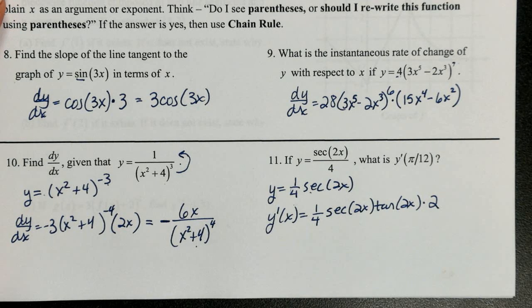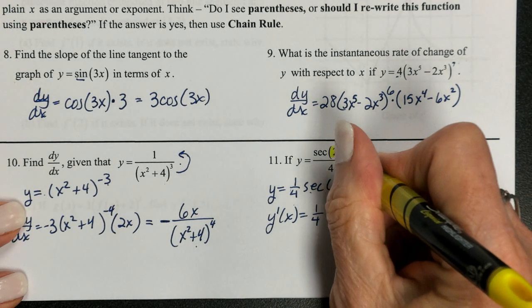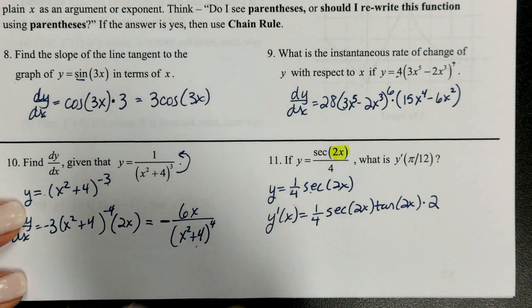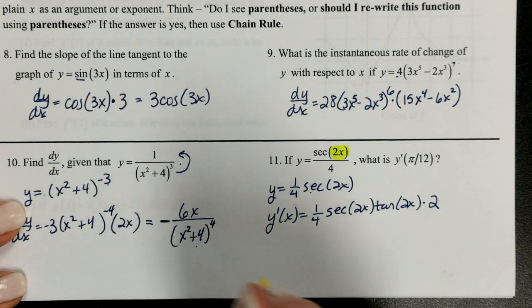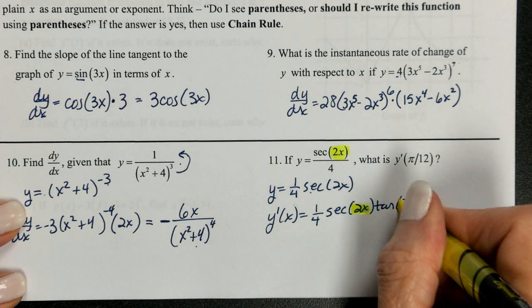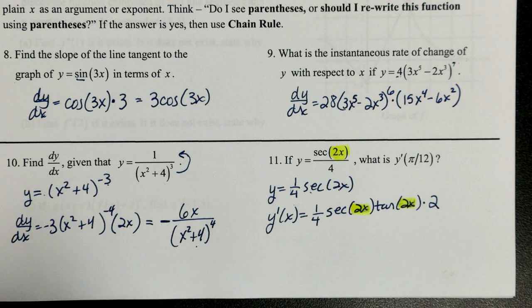So whatever your argument started out to be, our argument started out to be a 2x. Every argument for the trig functions will be that 2x. 2x and 2x, that will stay the same. As you take its derivative, it keeps the same argument every time.